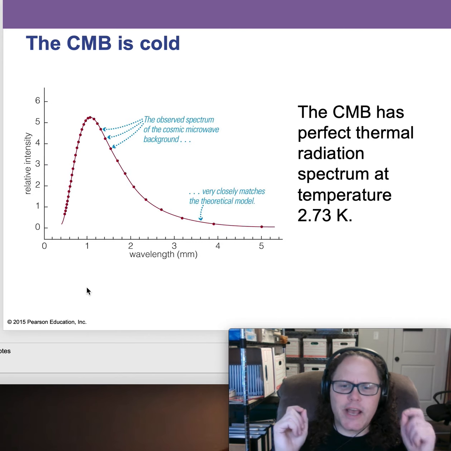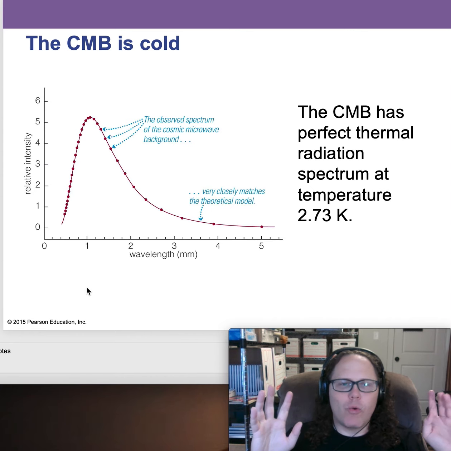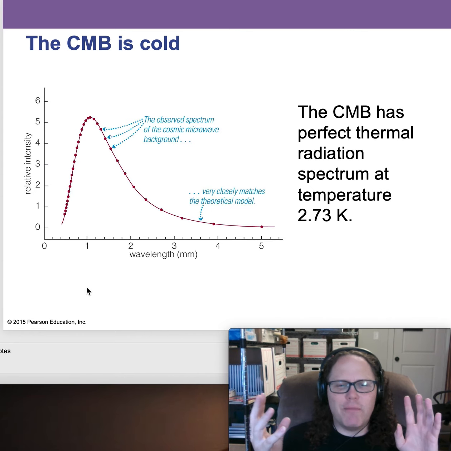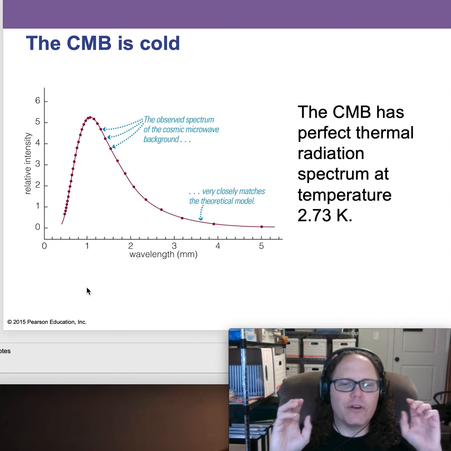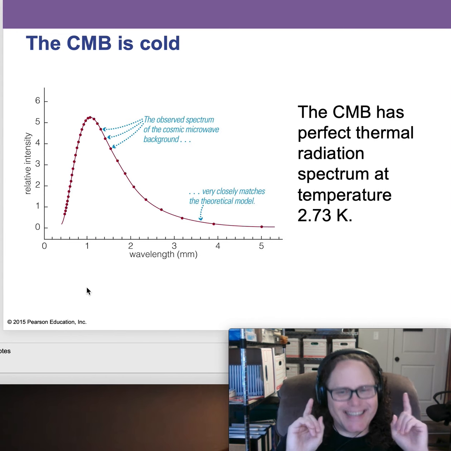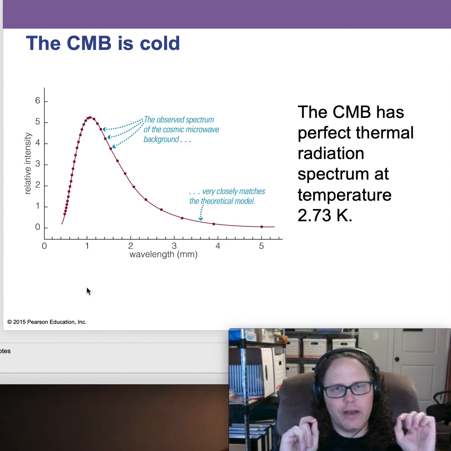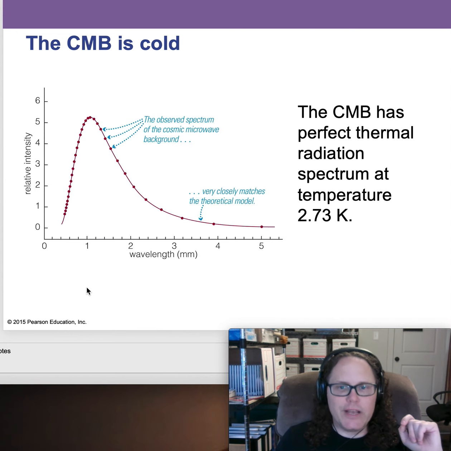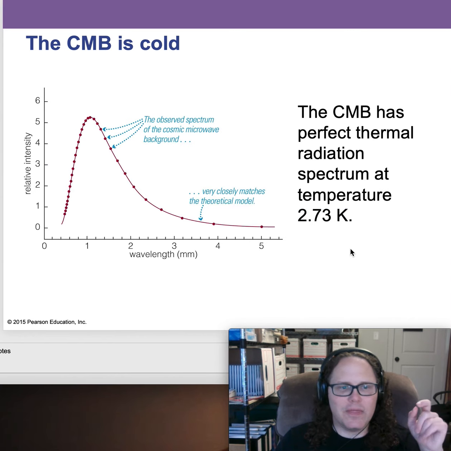It means that if you take an asteroid and you fling it far out into deep space, far away from our sun, far away from the galaxy even, far away from any source of light, any source of heat, where there's nothing shining on it except the cosmic microwave background, that asteroid will get colder and colder until it reaches 2.73 Kelvin. Light from the cosmic microwave background shining on the asteroid will keep it at this temperature.